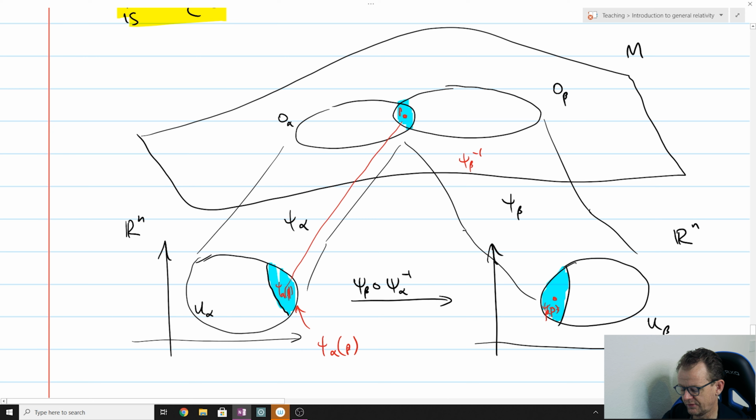And then you could follow these arrows a different way. You could apply to this point the map psi alpha inverse to get the point P, and then you could apply the map psi beta to find the image in Rn. If you did that, you will have just formed a map psi beta composed with psi alpha inverse that goes between these sets U alpha and U beta. Now these maps go both ways, right? It's important to emphasize that.